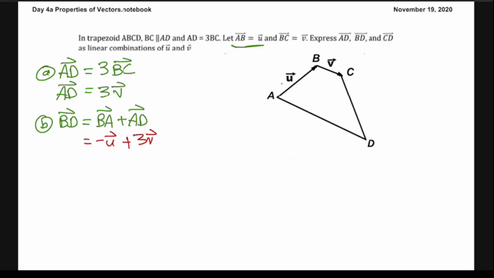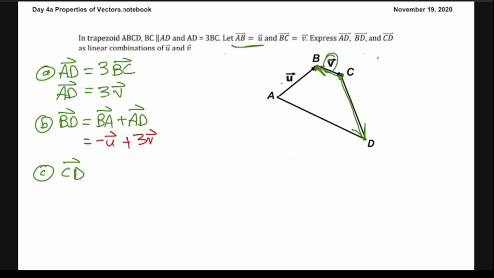Finally, let's deal with vector CD. Once again, I don't know anything about CD specifically, so I'm going to go from here to here. Don't really have any helpful information, but what I can do is go from point C to point B, and that's helpful because I see that has a length of V, but in the opposite direction.